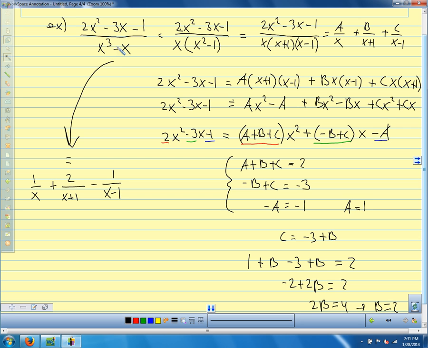Questions on the process? So in calculus, we'll use partial fractions. This process is a piece of a bigger problem. So you have a problem, you have to use partial fractions to come up with this 1 over x plus 2 over x plus 1 minus 1 over x minus 1.